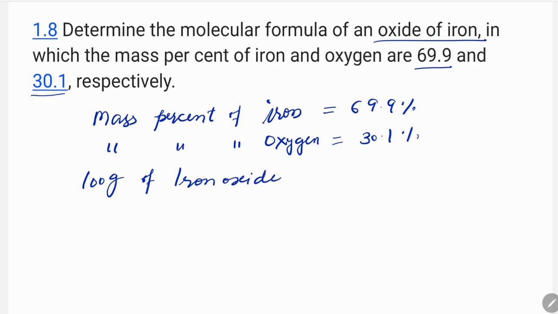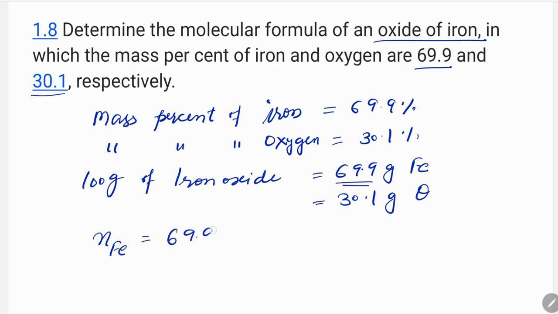In this much iron oxide, we have 69.9 gram iron and 30.1 gram oxygen. We have to calculate the number of moles of iron and oxygen. The number of moles of iron will be the given mass of iron, which is 69.9, divided by the molar mass of iron, which is approximately 56.